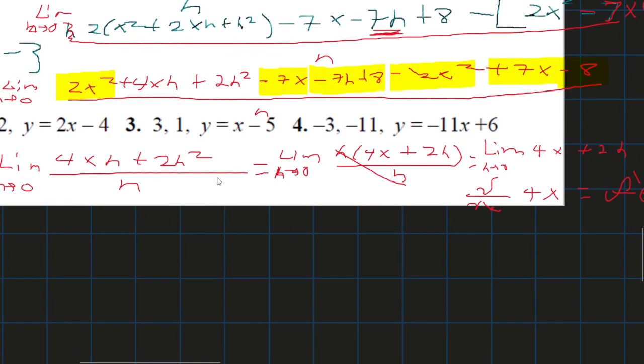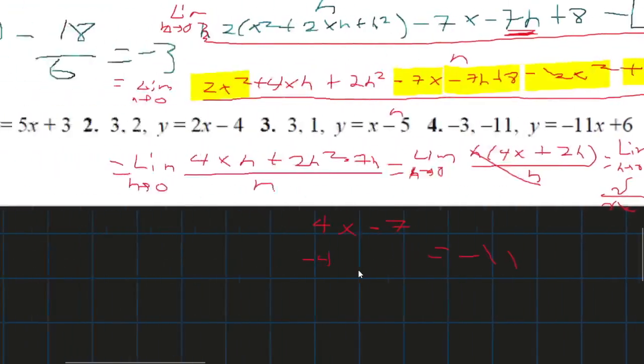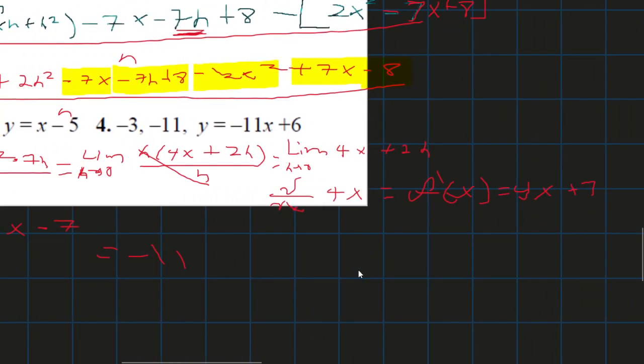Ah, oh no, I did something wrong. 7 should give me -7. I substitute -1. Okay, yeah, -11. Yeah, this is your derivative. I messed up here.